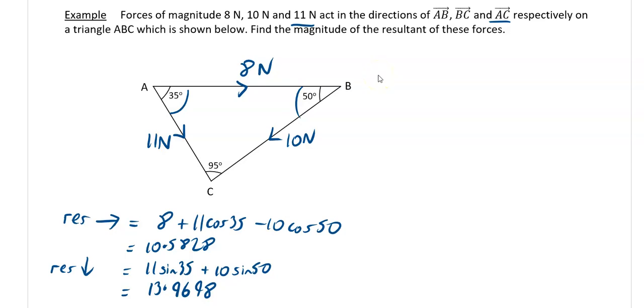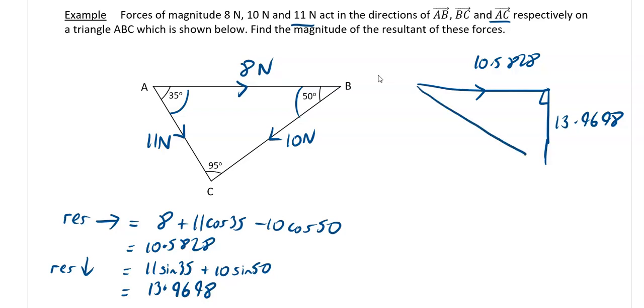Last thing we've got to do here is draw your horizontal line. Use your imagination, that's a horizontal line. That was 10.5828 going horizontally. Then going vertically down, it was 13.9698. These are just sketches, so it doesn't matter that mine's a mess. And there's your resultant, and there is your angle theta.